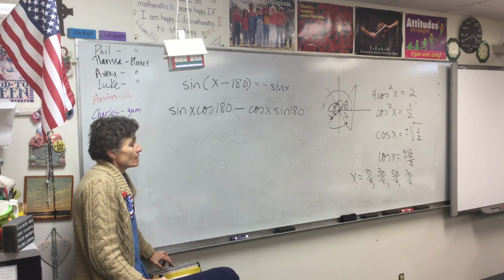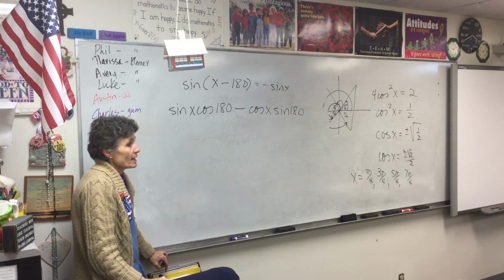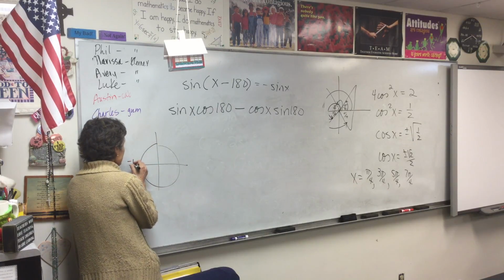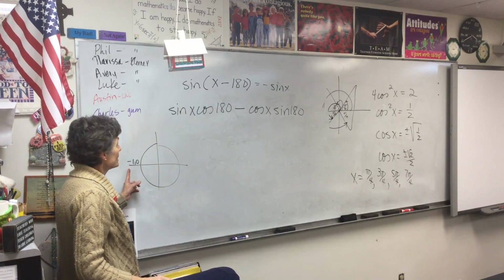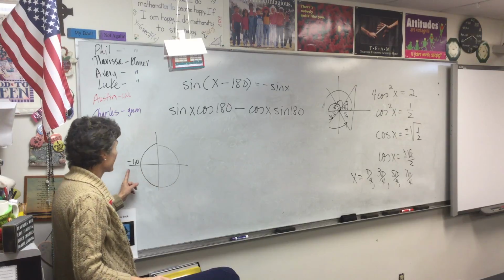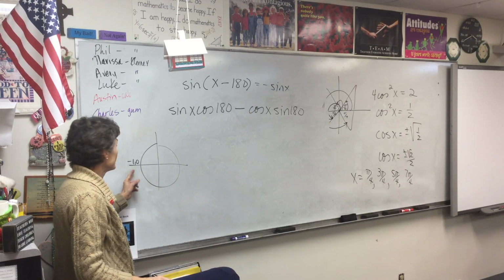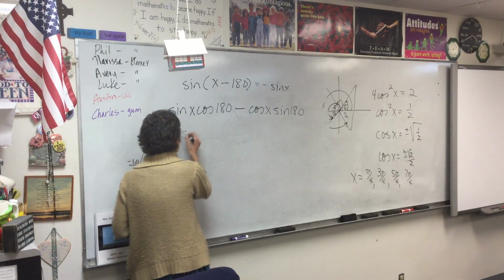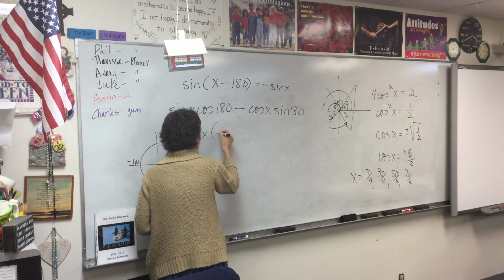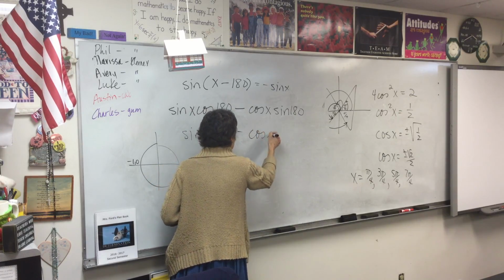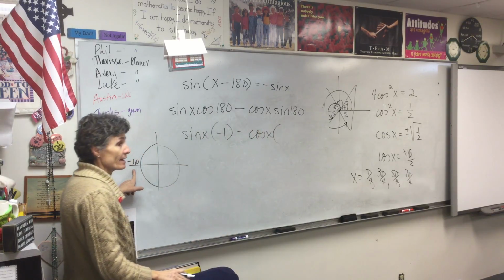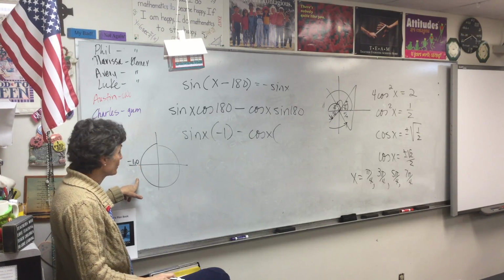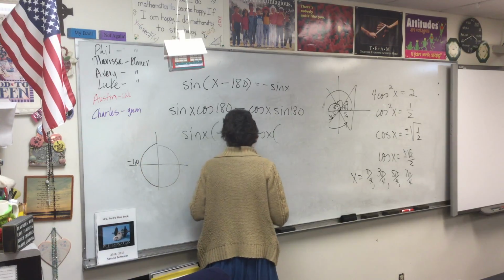All right, 180 degrees. I erased my circle, so I'll draw it again. Here's 180, right here. Tell me about the cosine of 180. X over r, so it will be -1. So the cosine is -1. What's the sine of 180? Y over r, which would be 0.